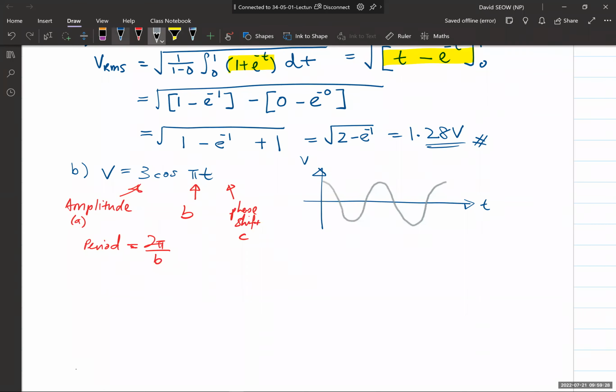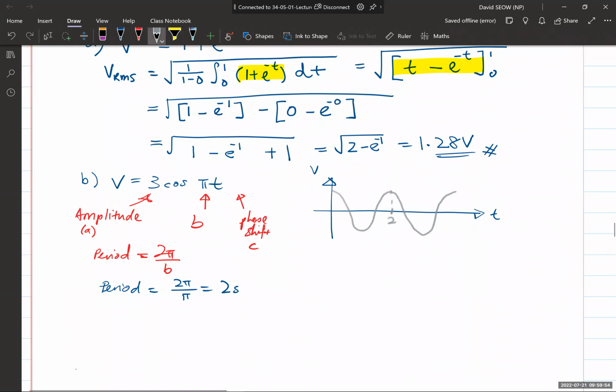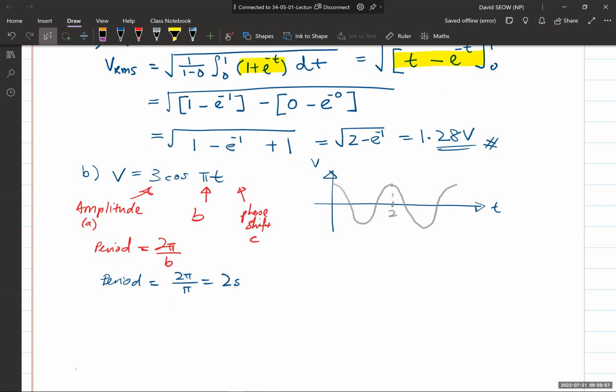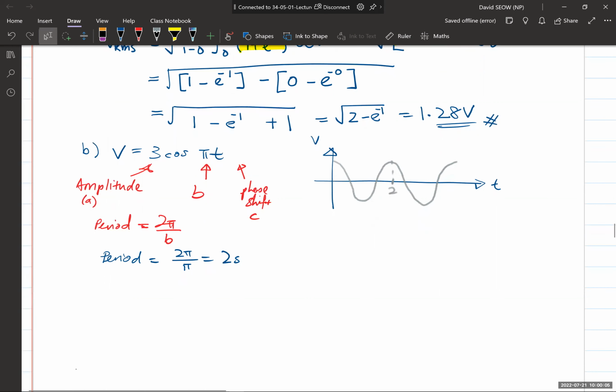So this is a cosine graph. Let's say for one period, it will be 2 pi over pi, which is then equal to 2 seconds. So at 2 seconds, it's one period, one cycle by itself. Of course, the frequency will be 1 over 2, half a hertz. So every 2 seconds, I have one cycle in this case, right?